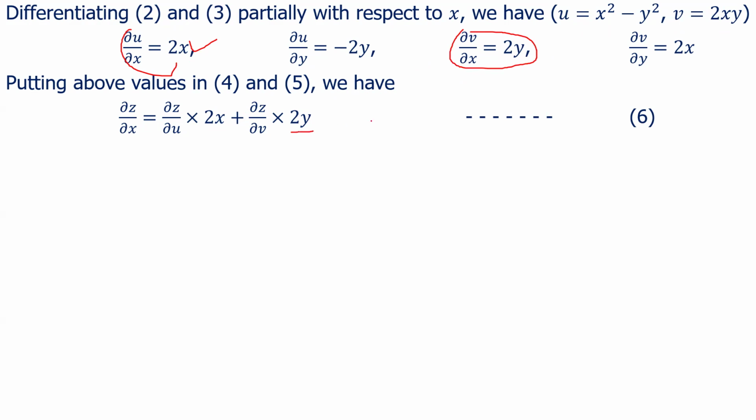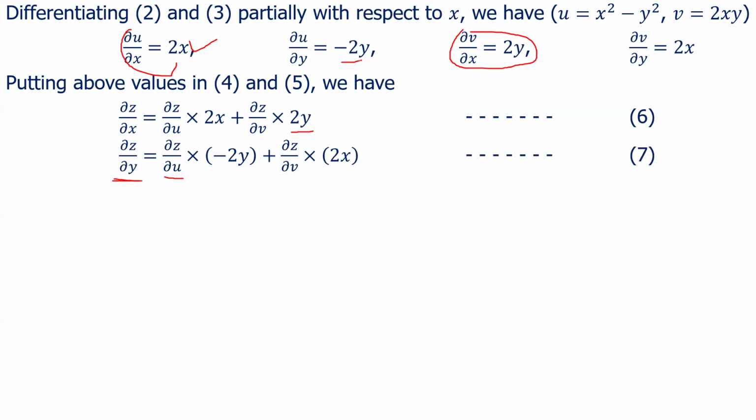And del z del y, so del z del u into del u del y, which is minus 2y, plus del z del v, and del v del y is 2x.